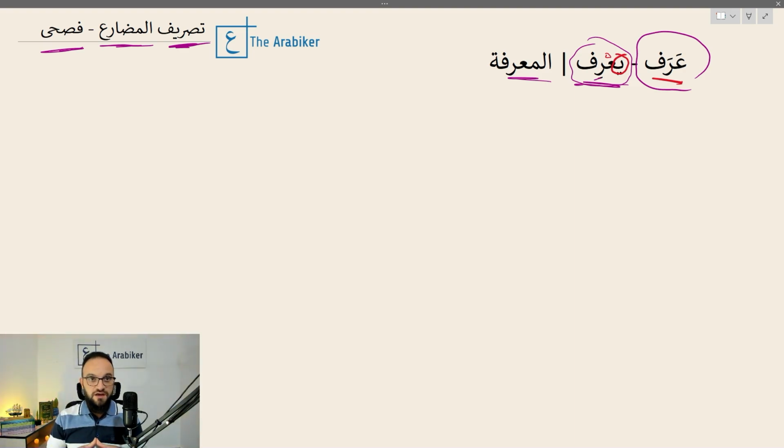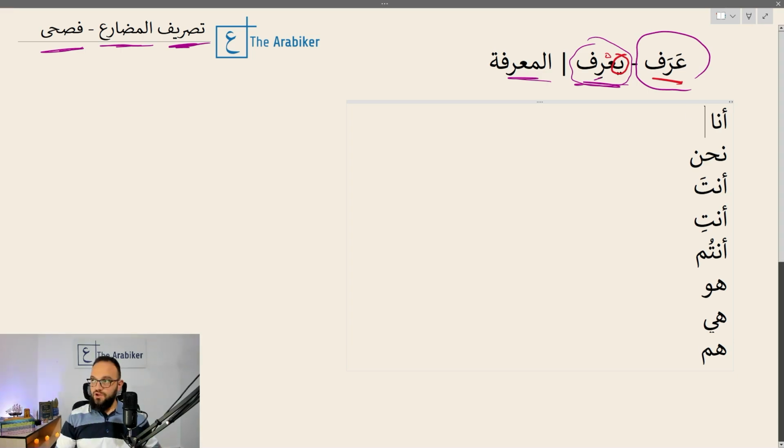Let's now list down the pronouns that we have learned in MSA, and we will see how to conjugate al-mudari', the present form, of the verb according to these pronouns. So for ana, we have to say أعرف, أنا أعرف, I know.